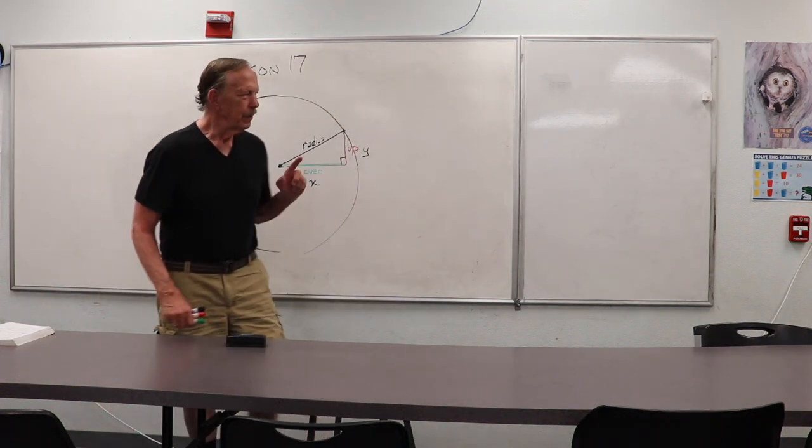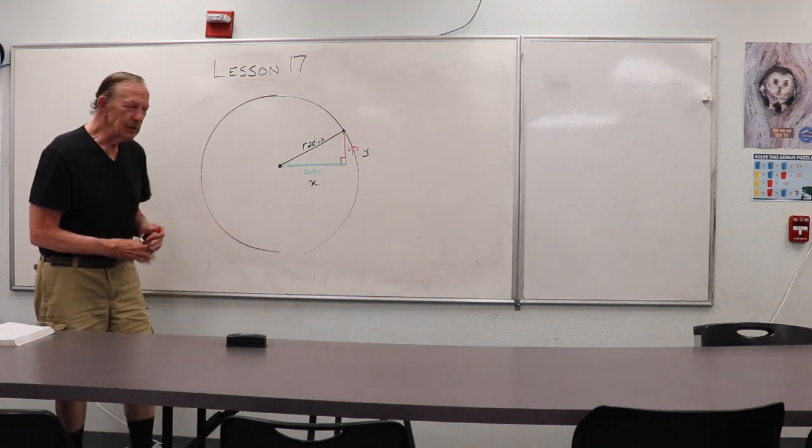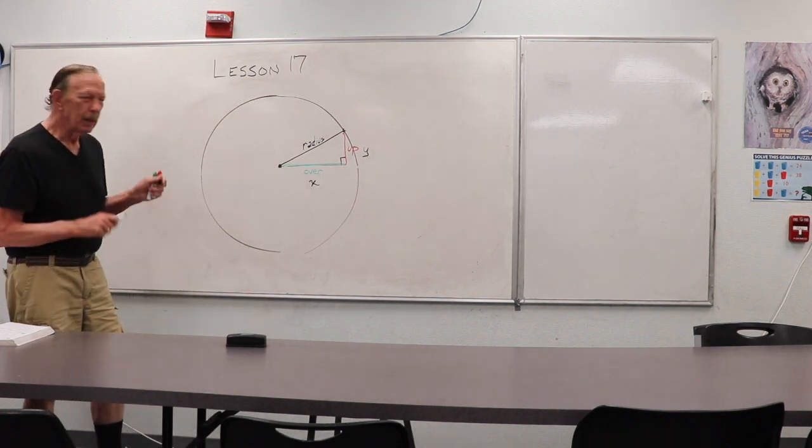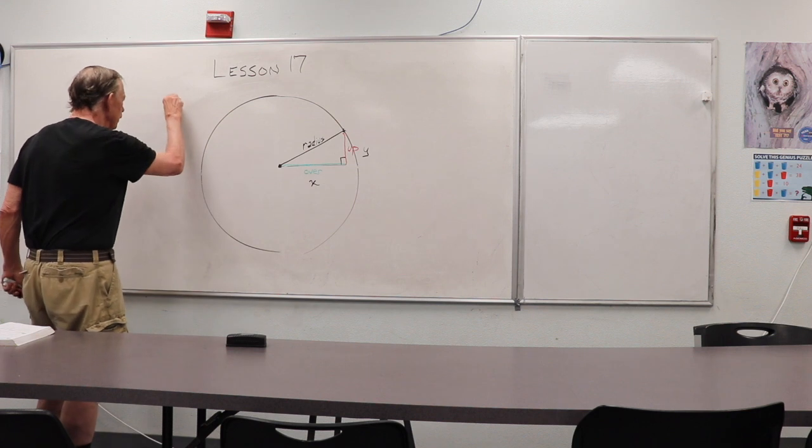Now, what would happen if our axis system was somewhere else? Say, over here.